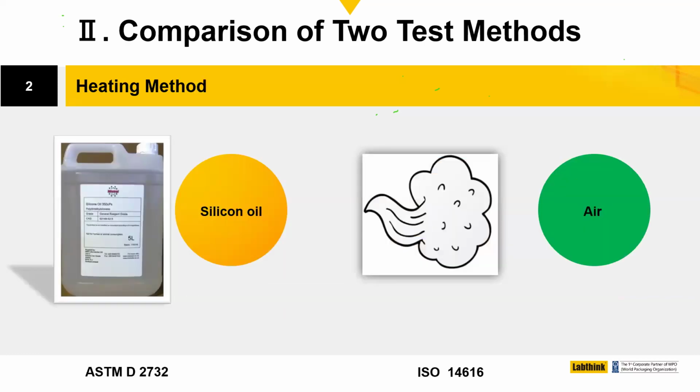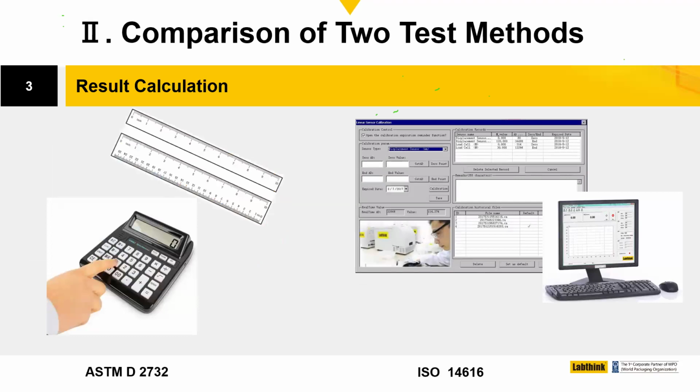And then there is a difference in the heating method between the two standards. D2732 uses silicon oil in a heated bath, and ISO 14616 uses air as the heating medium. So the calculation of the results also differs.